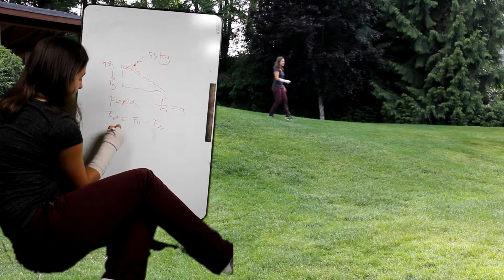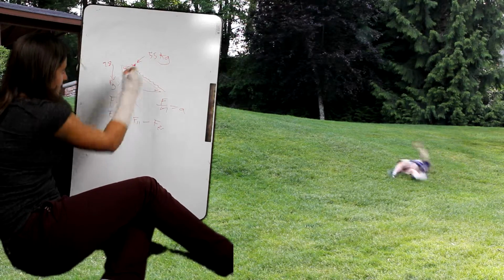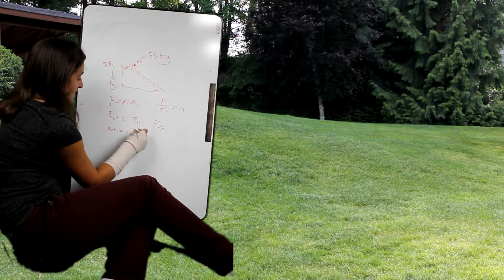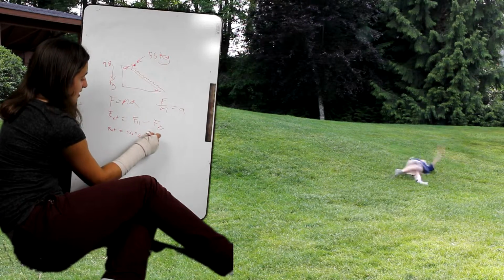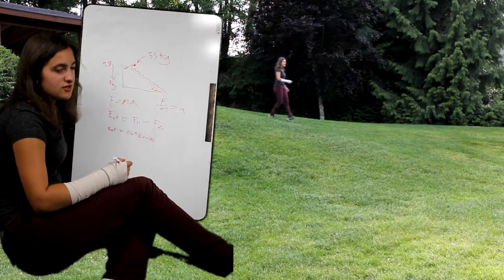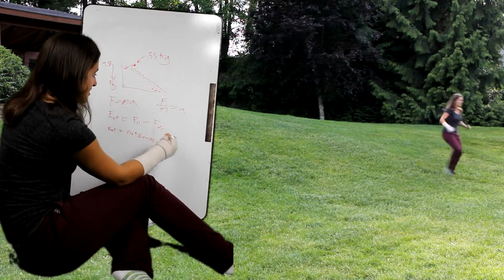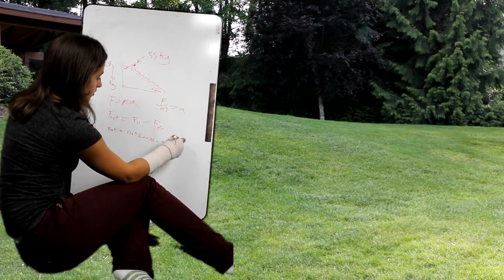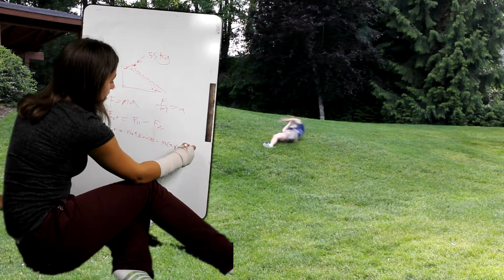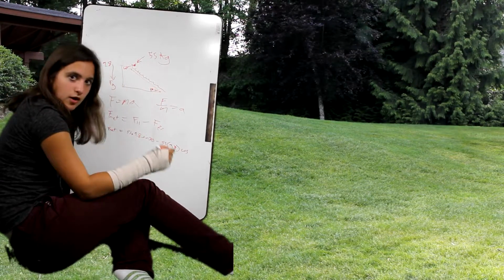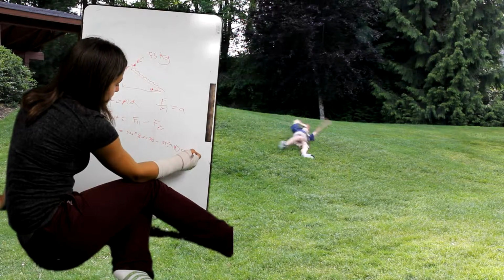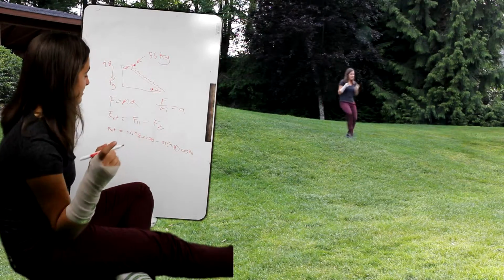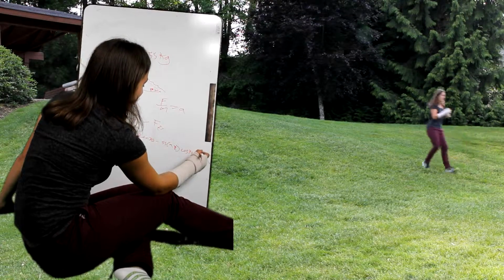So his net force is going to equal his mass times gravity times the sine of the angle of the hill, which is right here, 30 degrees, minus his mass times gravity times the cosine of this same angle, times the coefficient of friction, which for grass is, thanks to Yahoo Answers, 0.35.